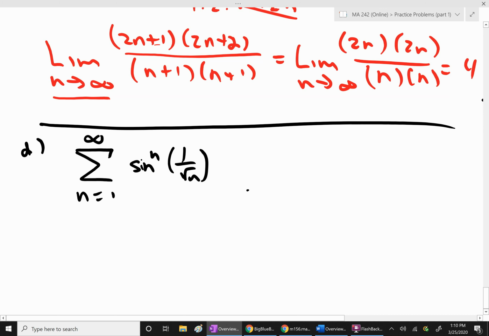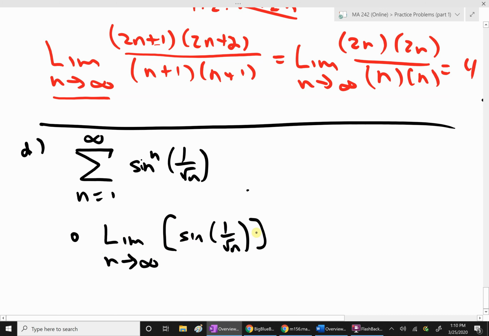So when you have trig functions, you want to pay attention and be a little careful. So when I use the limit as n goes to infinity, this is going to converge to 0 for sure.